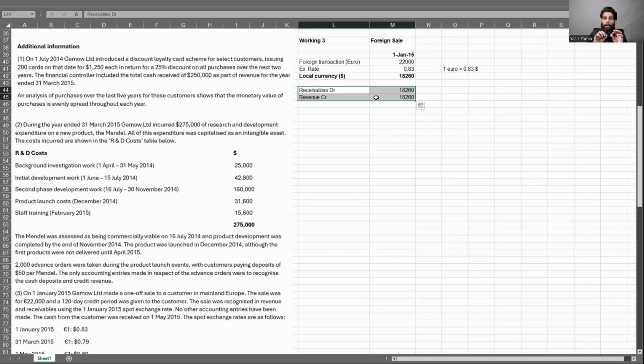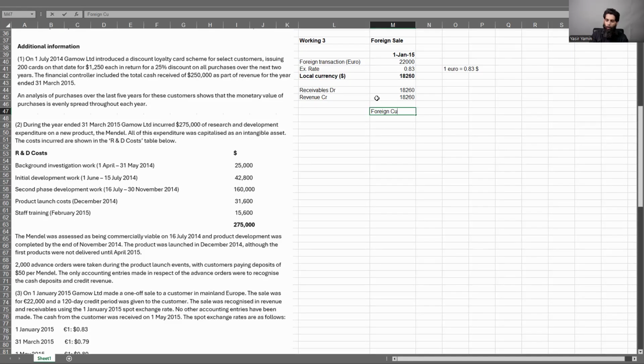If there is a monetary item, then at each year end it needs to be retranslated according to the updated exchange rate. No retranslation is required for a non-monetary item. But for a monetary item, you need to retranslate according to the closing date exchange rate, right? How do you do that? I will make three columns: one column for foreign currency, one column for exchange rate, one column for local currency. Make sense?